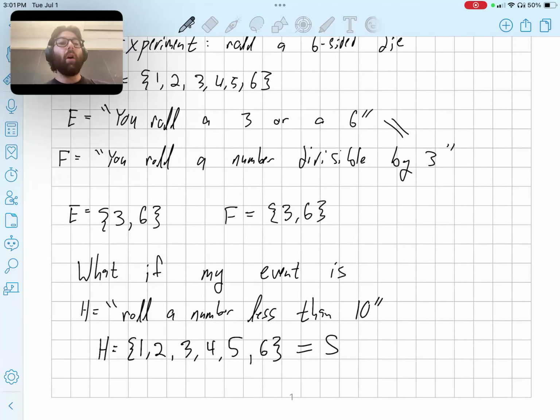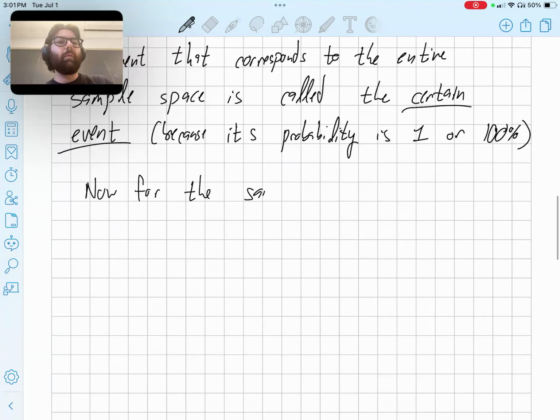Now, for the same experiment, let's use a different example. Let's say our event E is roll a number greater than 10. And so let's see what subset this corresponds to.